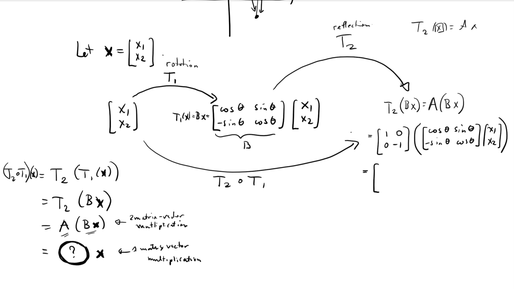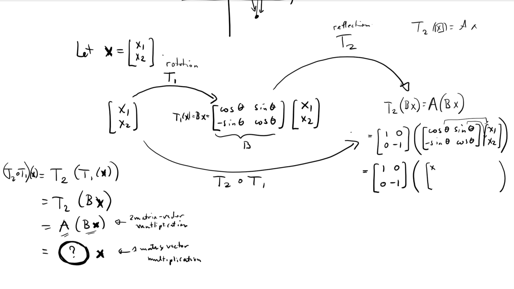So I'm going to expand this, you'll see. So first I'll calculate what BX is. I multiply everything together. To do my matrix multiplication, I could do a linear combination of the columns of B, or to get the first entry here, I have to do cosine times x1 plus sine times x2. So let me write that down.